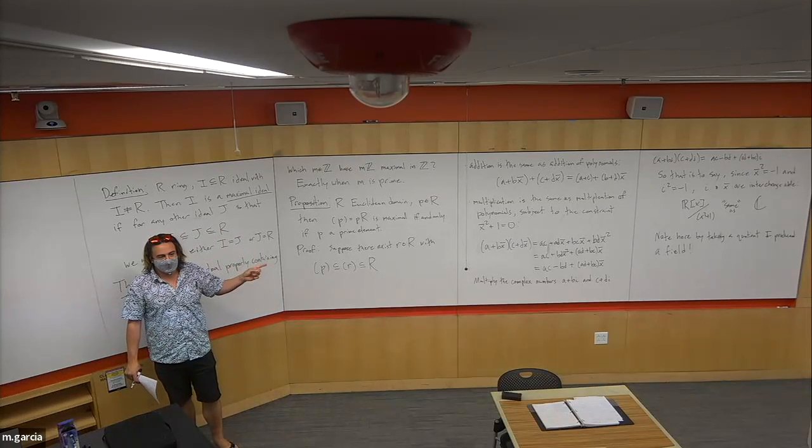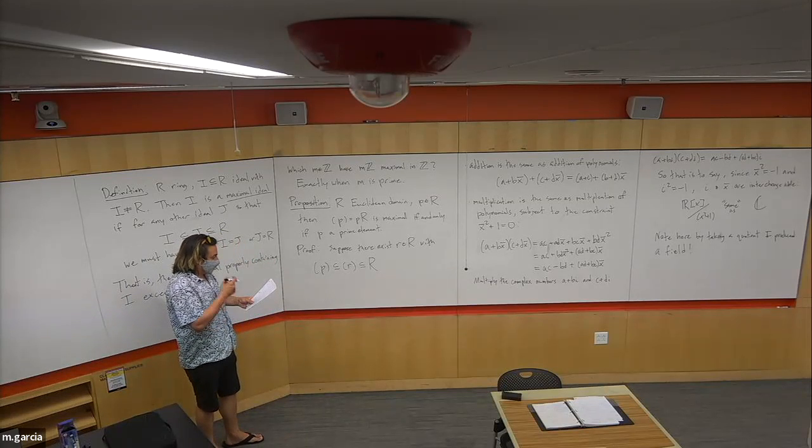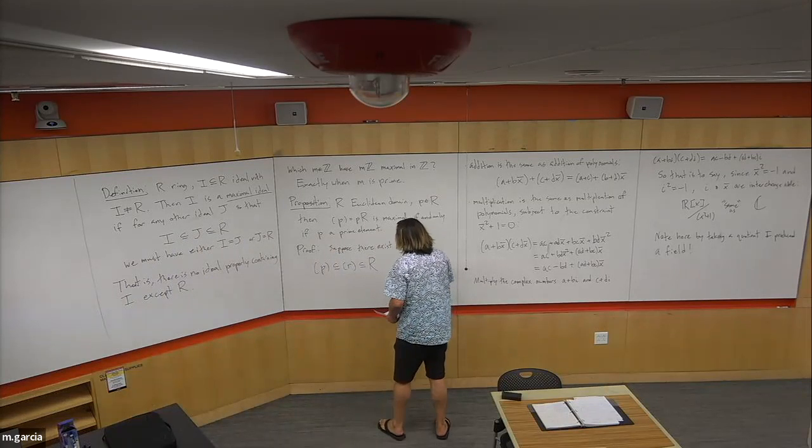Every ideal has exactly one generator, so I can write it in that form. Suppose there is such an r.